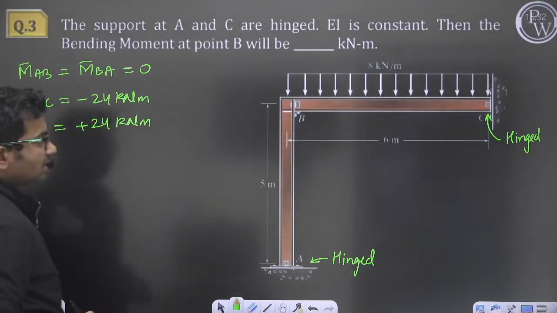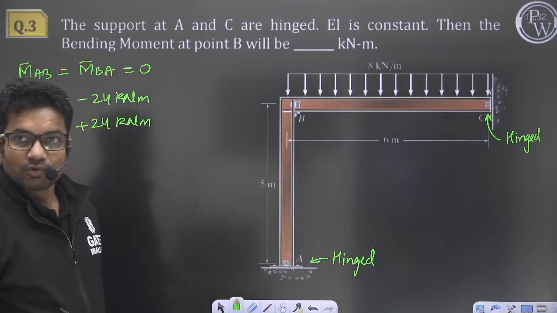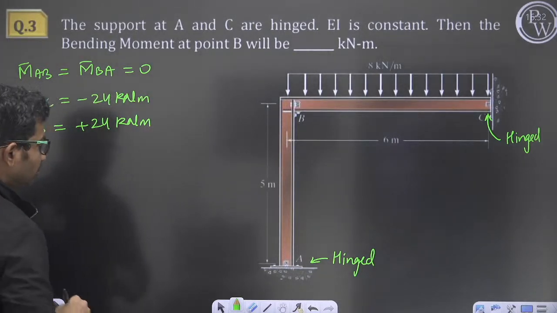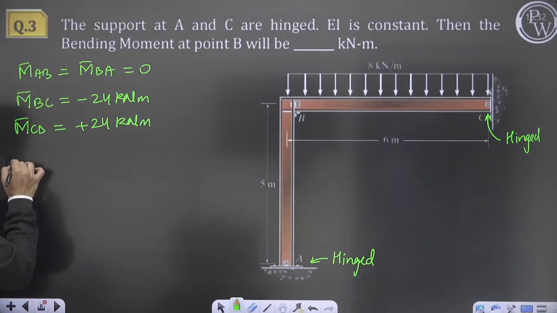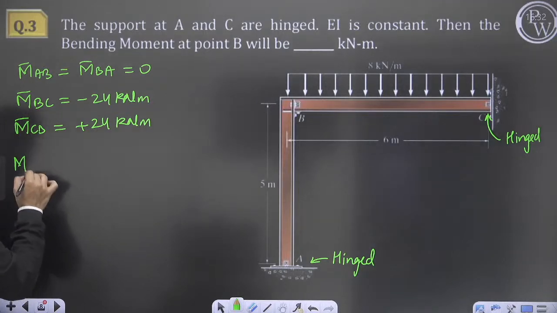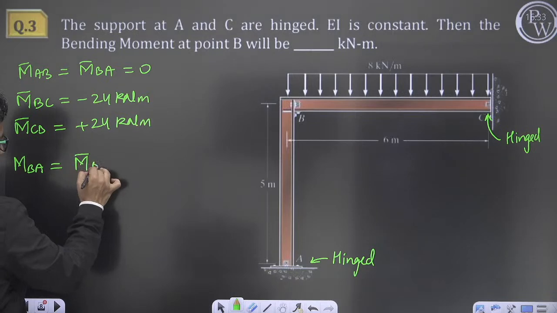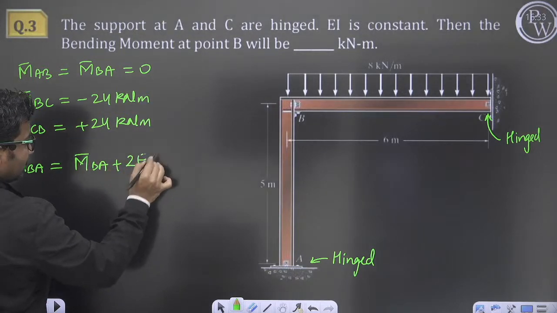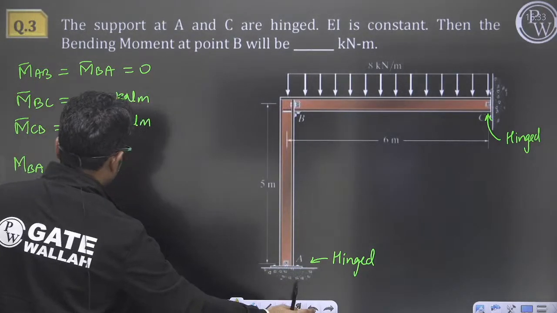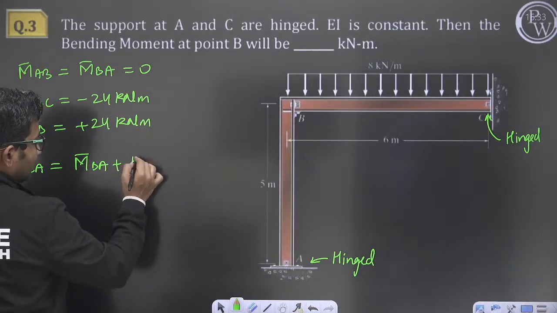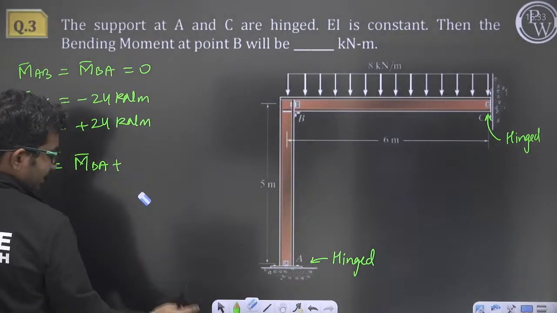Now, if I want to write slope deflection equation, so what will be the slope deflection equation? First I will write for MBA. MBA will be equal to M bar BA plus 2EI. I will not write 2EI by L. Why I will not write 2EI by L? I will use modified slope deflection equation.